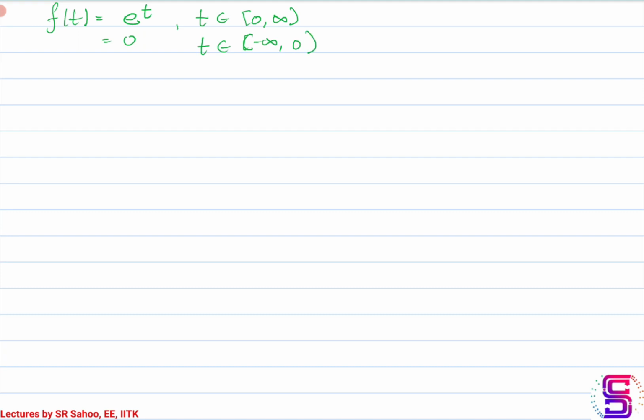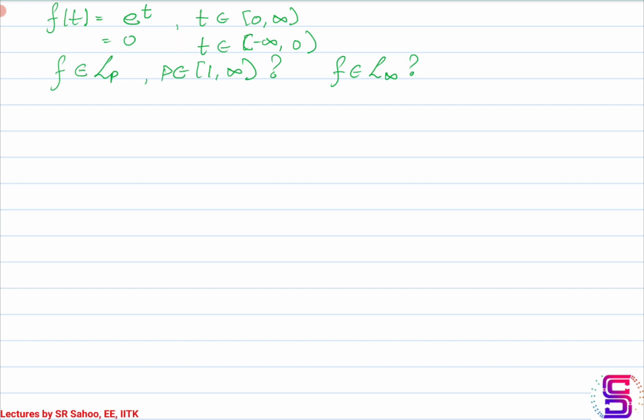Now what happens here? Will f belong to LP for p in the range of 1 to infinity? Will f be in the L infinity space? What can we say about this?